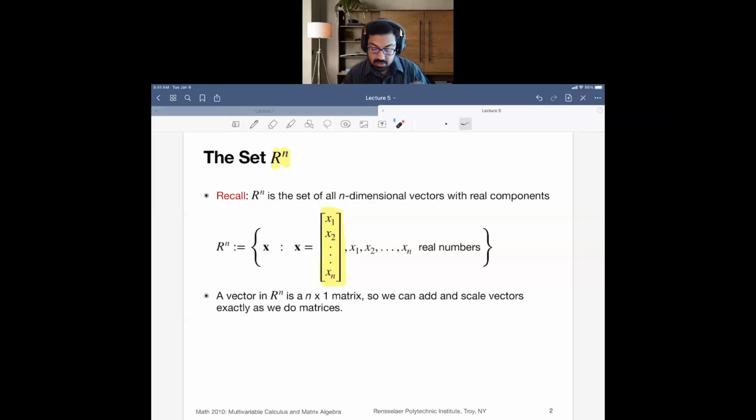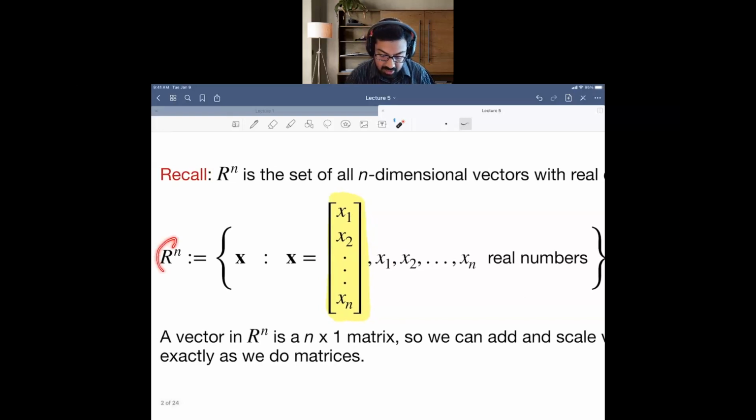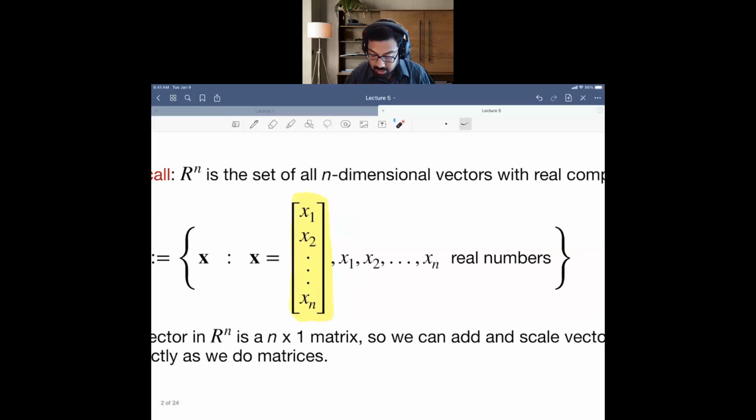So the vector space we are going to define as a set, right? The way we read this is R to the n is defined as a set of all x such that the vector x is a column vector with n elements, n rows, and one column, with the condition that all these numbers x1 through xn are real numbers.